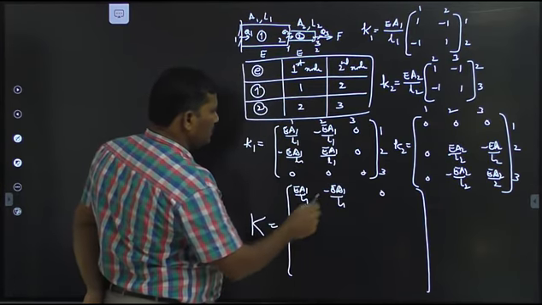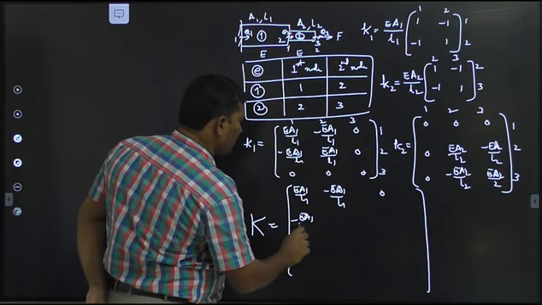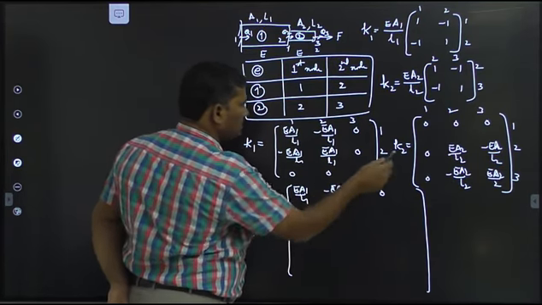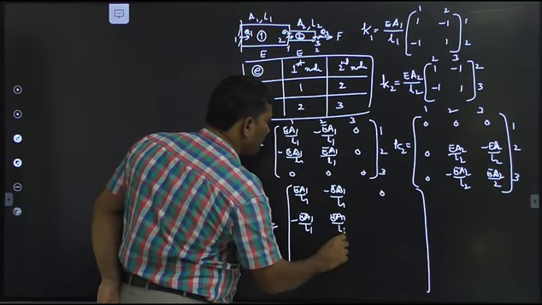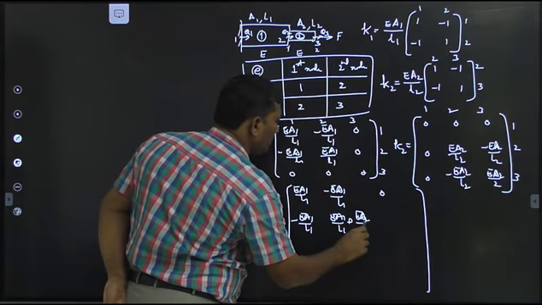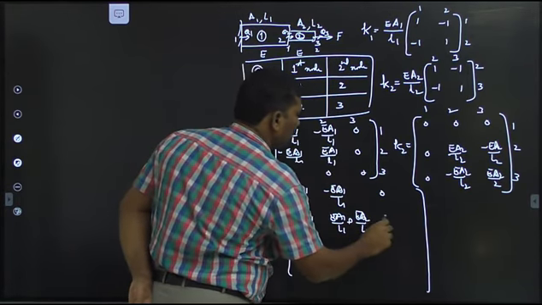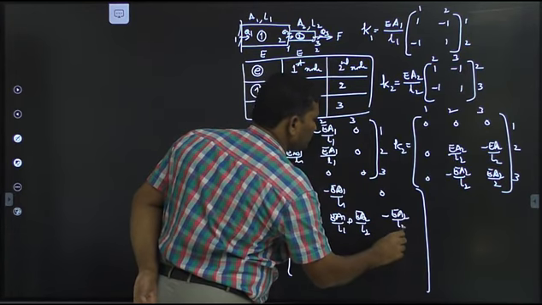Minus EA1 by L1, next EA1 by L1 plus EA2 by L2, next minus EA2 by L2.